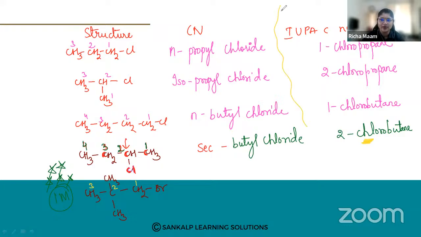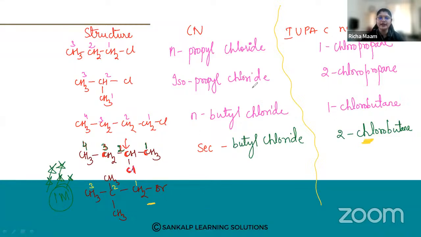The halo substituent should come first. So here, 1-bromo-2,2-dimethylpropane. Where is the halogen here? We are looking at this last compound.